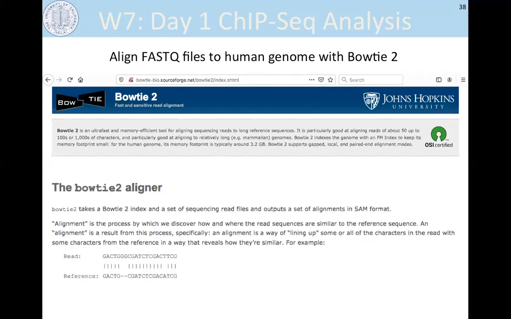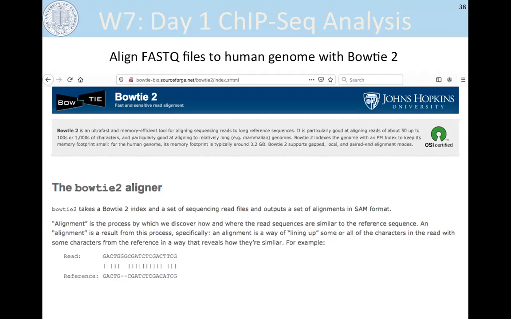It's a sequence aligner, a so-called ultra-fast and memory efficient tool for aligning sequence reads to long reference sequences. What Bowtie does is it takes each DNA sequence and tries to assign it to the best match in the reference genome that we use for alignment.